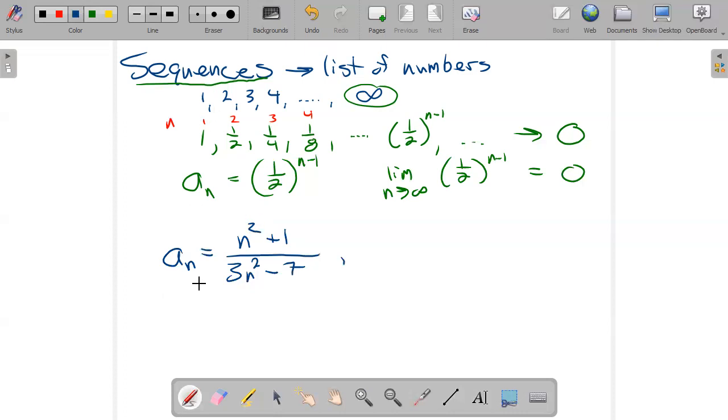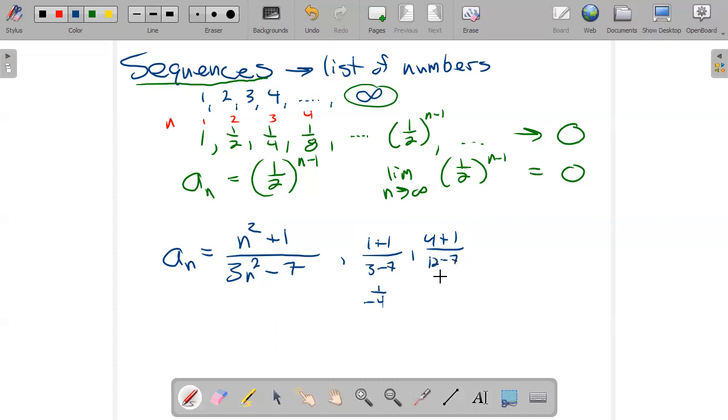So usually we count with sequences at 1. So if I plug in 1, the first term here would be 1 plus 1 over 3 minus 7, which would be 1 over -4. And the next term would be n equals 2. That would be 4 plus 1 over 12 minus 7.